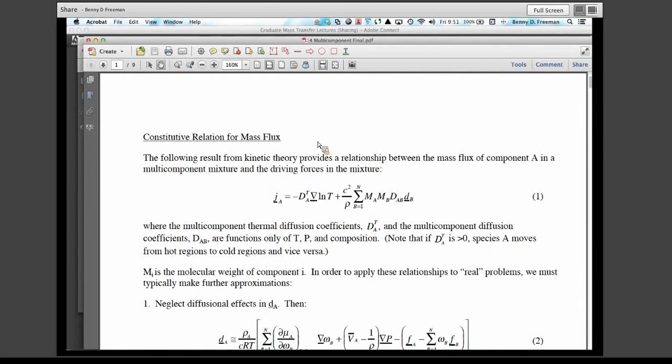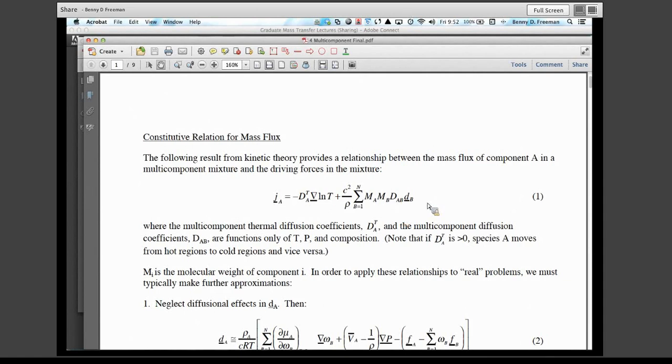And it is possible to derive the result that is shown in equation 1 from irreversible thermodynamics. We will not do that because the time to work through that derivation in detail, in my opinion, doesn't justify the expenditure of that energy.